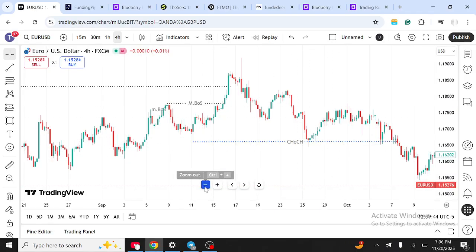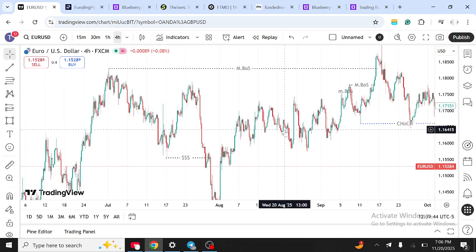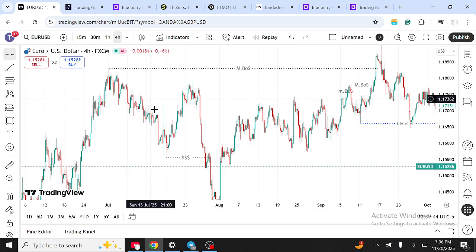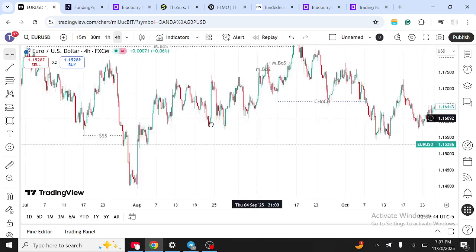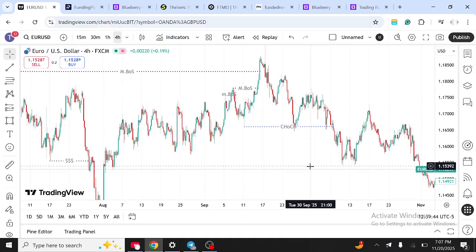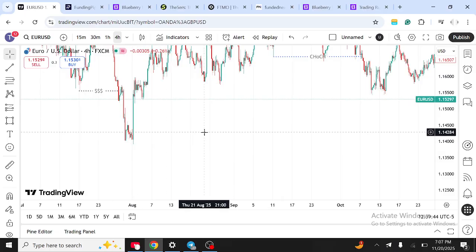Okay, now explaining the type B liquidity concept, the overall type B liquidity concept of the market. So now this is the internal change of structure. Until this low is taken out, that will be the overall or the external change of structure.